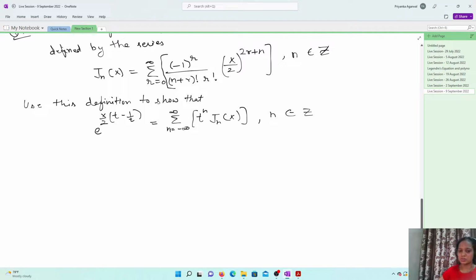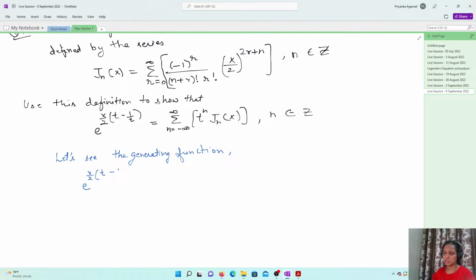So for solving this, let's see the generating function first, which is e to the power (x by 2)(t minus 1 by t).